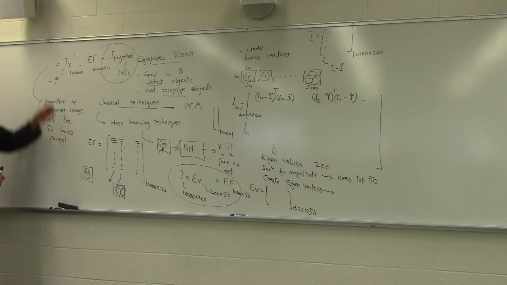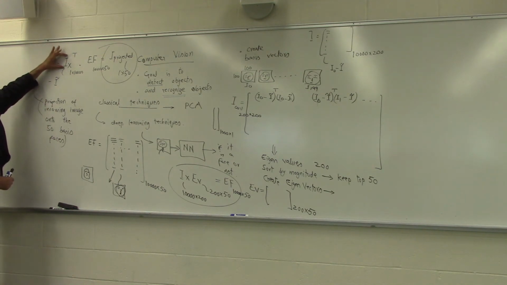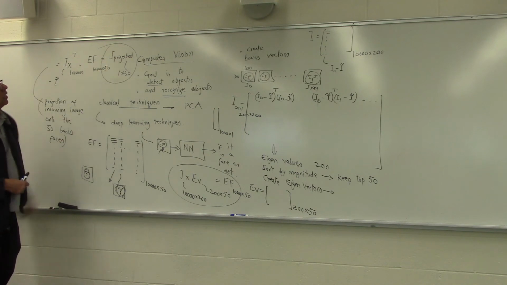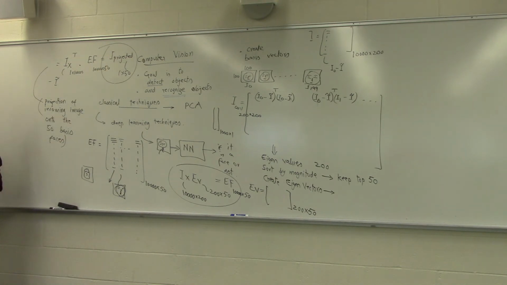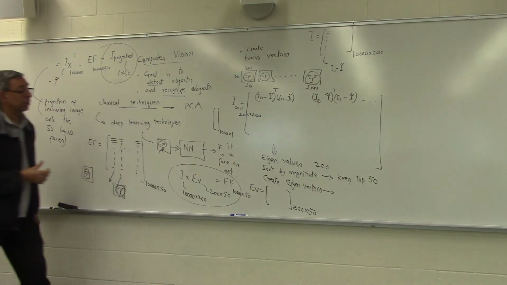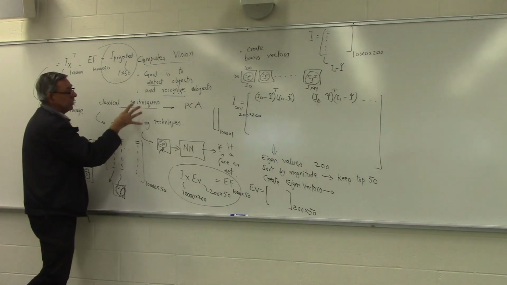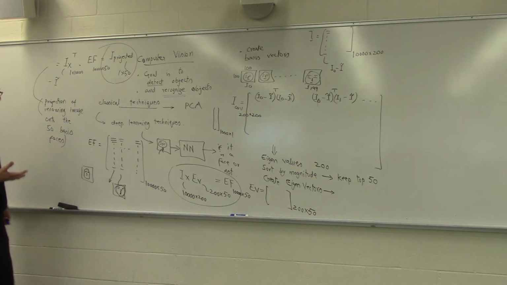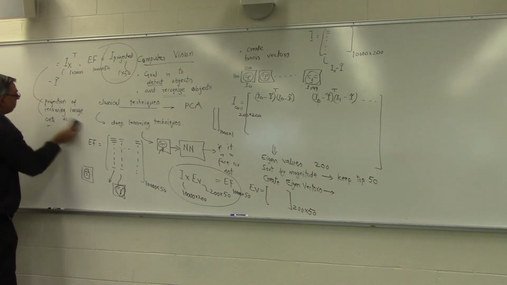Then projection of an incoming image onto these 50 dimensions, right? So it seems like this is way too complicated to be solved by a neural network. Okay, so now let me give you a tiny bit of an idea of neural networks. Then I will answer how this PCA can actually be accomplished.